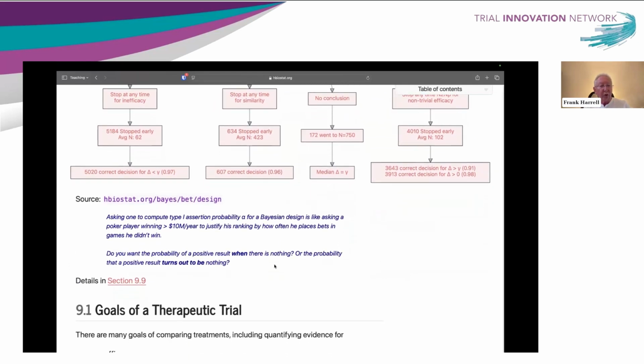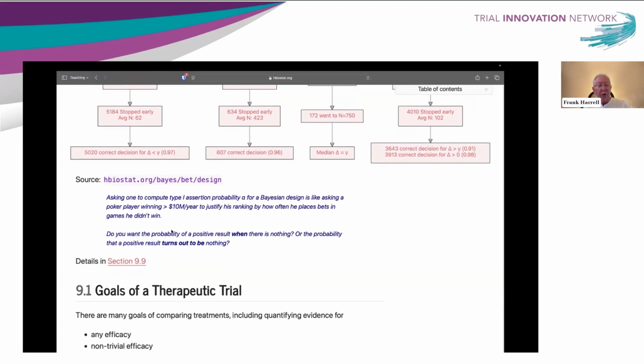The way I like to word that, there's a lot of ways to word it: asking one to compute type 1 assertion probability alpha for a Bayesian design is like asking a poker player who wins more than $10 million a year to justify his ranking by how often he places bets in games he didn't win. So you can see if you ask to judge a poker player this way, you're using the wrong denominator in your calculation.